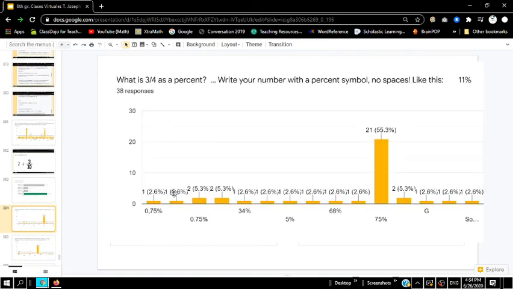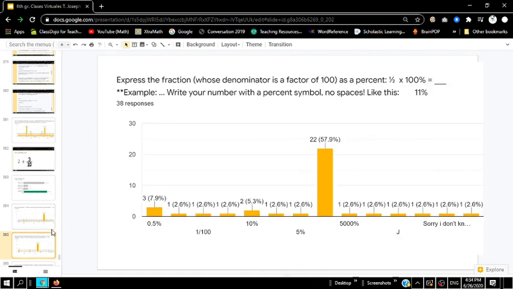What is 3/4 as a percent? This is a similar problem from before, 75%. We have express the fraction as a percent. Well, 1/2 is equal to 50%, okay? We really need to understand the relationship of fractions and percentages and decimals.